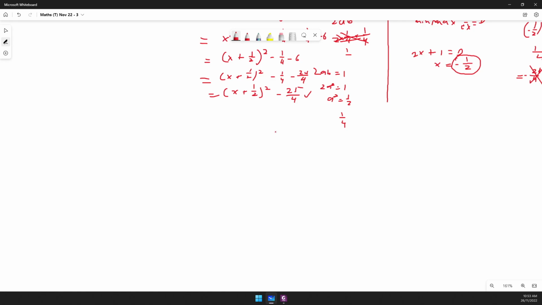Don't forget to mention the point in the question here, they explicitly say they want you to mention at what point. So please mention at what point, when x equals to negative 1 over 2.